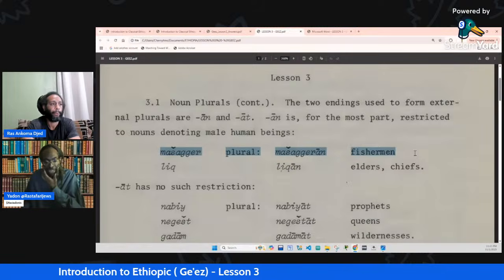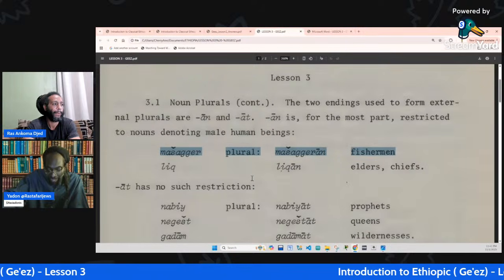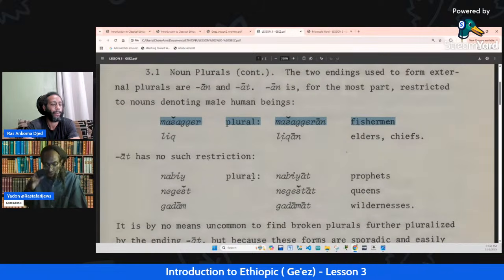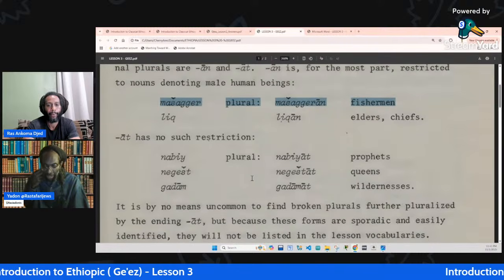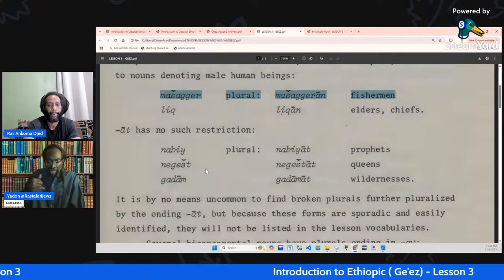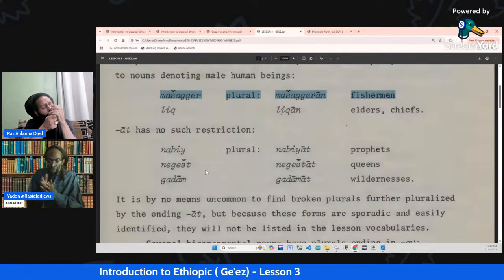Then we have leak, right? Le, lu, li, the third vocalization of the seventh. Leak is brought out as from the Gutters as an elder or a chief, but it tends to have a sense of one who is superior.